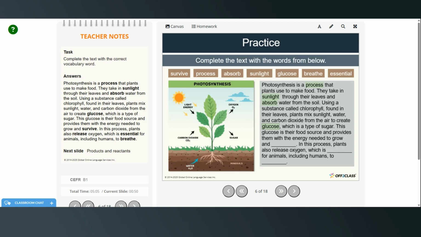This glucose is their food source and provides them with the energy needed to grow and survive. In this process, plants also release oxygen, which is essential for animals, including humans, to breathe.